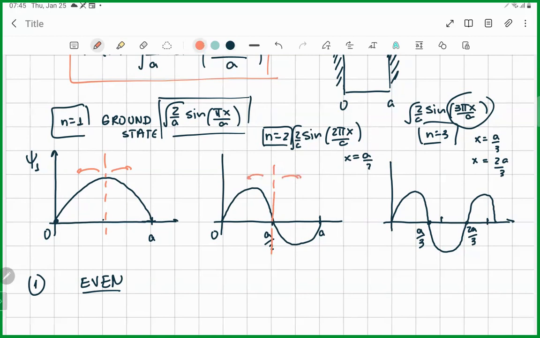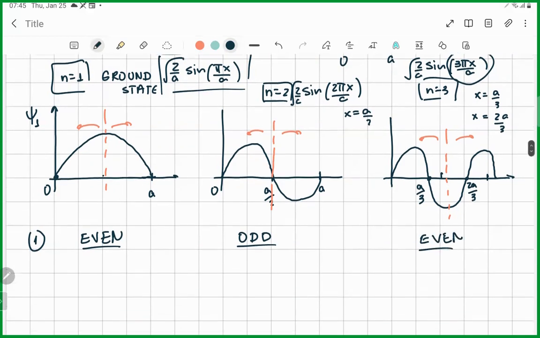One is positive, the other one is negative. Here we have an odd function. And in the last case, what we have is exactly the same as the first: the left and the right is like a reflection, again even. And so this is to say that we go ground state even, first excited odd, then even, then odd, then even, then odd. We go on alternating like that.